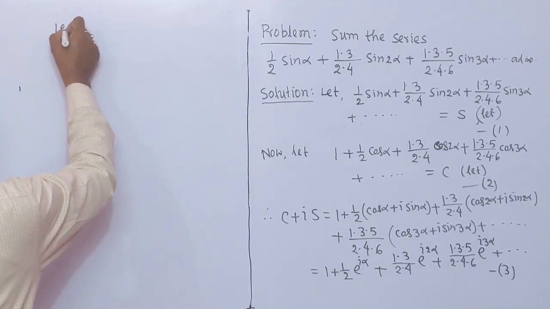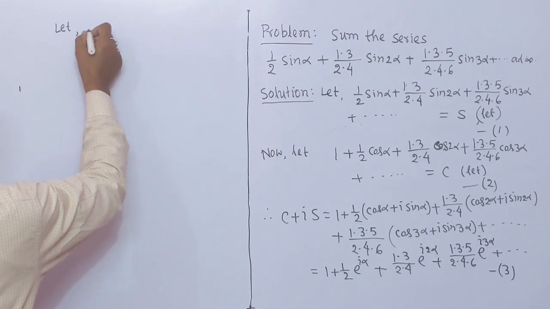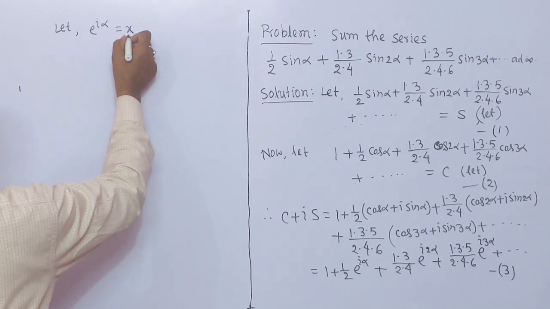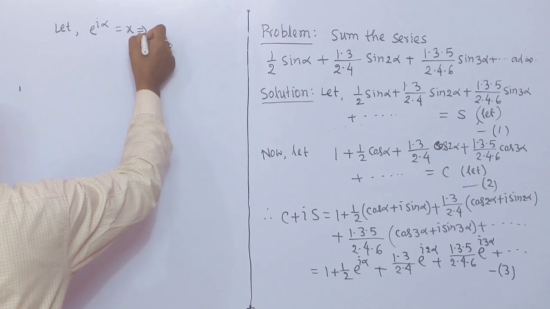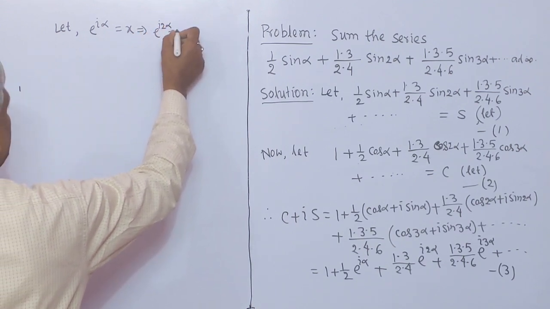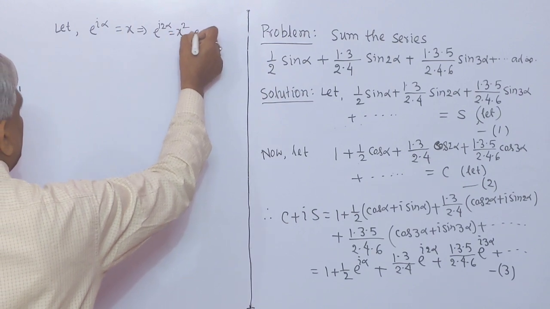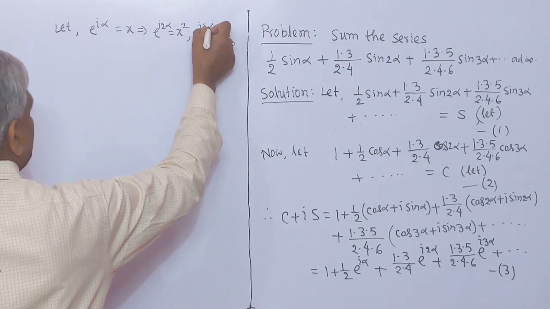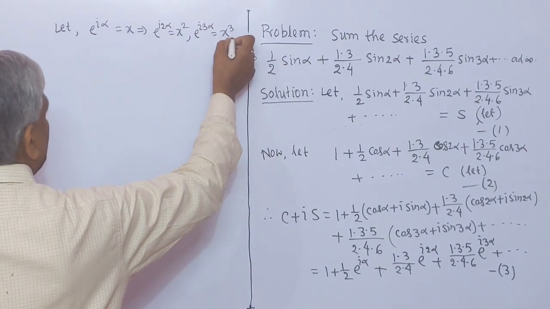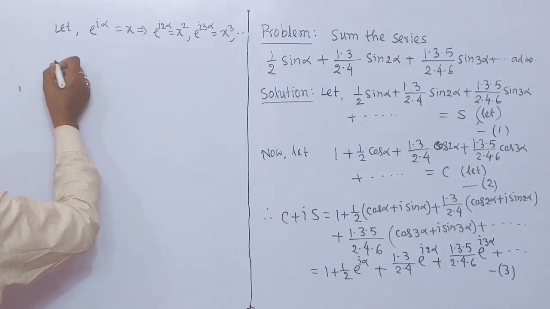Let e to the power i alpha equal to x. This implies that e to the power i 2 alpha equal to x square, e to the power i 3 alpha equal to x cube, and so on.